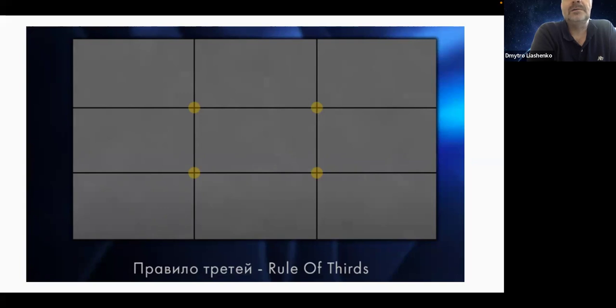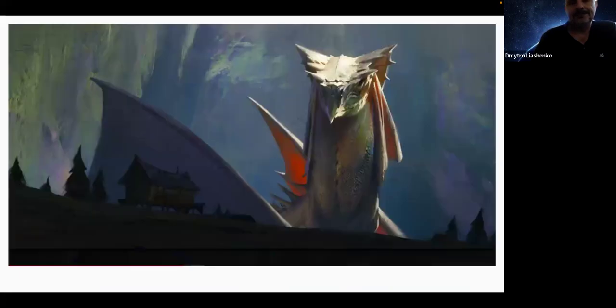Generally speaking, it is a good idea to put the main object of our composition in these 4 points that occur when we divide the paper in 9 parts with 4 lines.